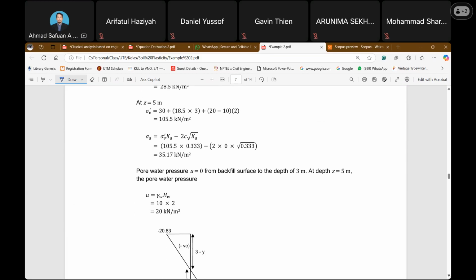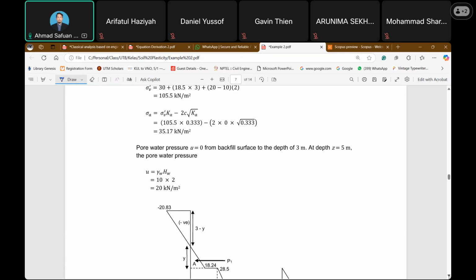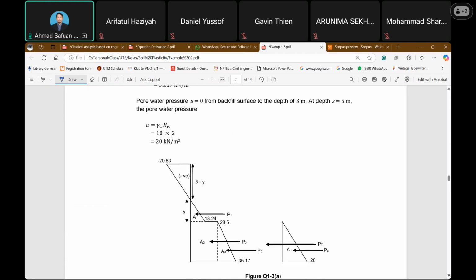Then we plot the active pressure distribution diagram. Use the similar triangle concept. The Y, sorry, calculate the area of A1, A2, A3, and AU.